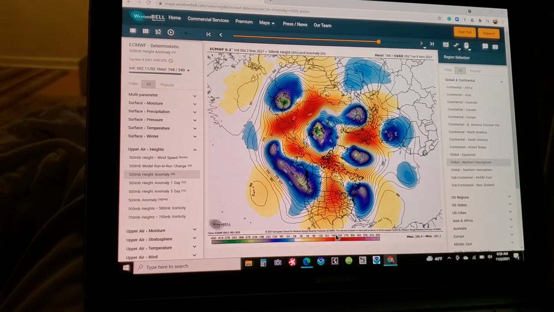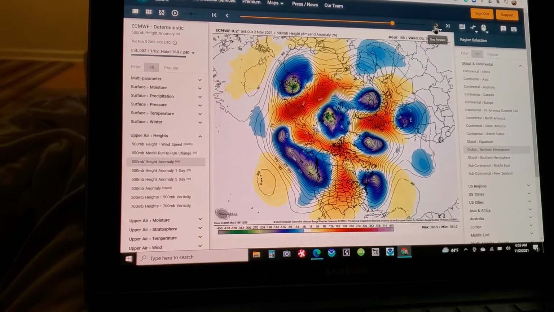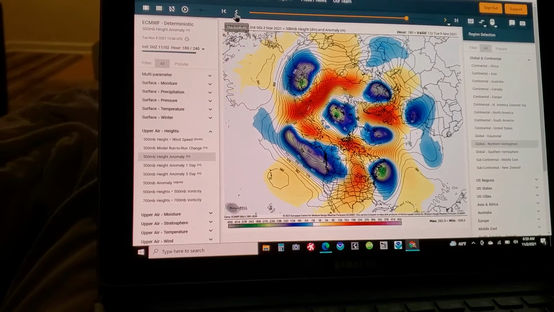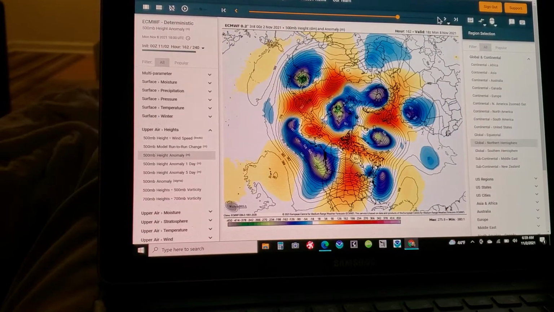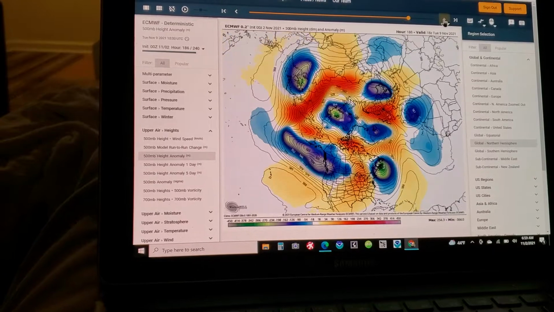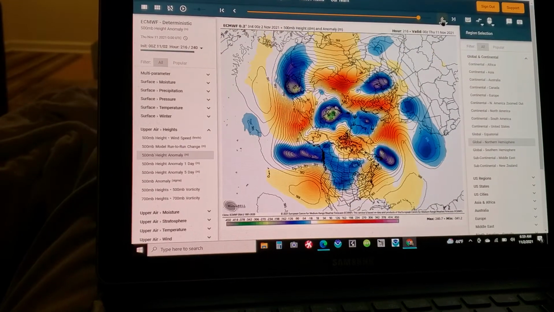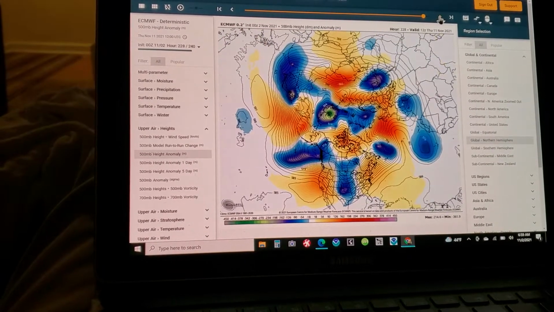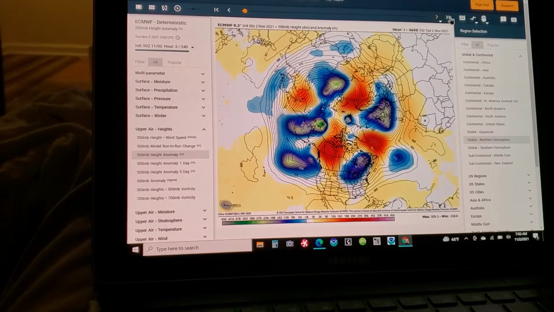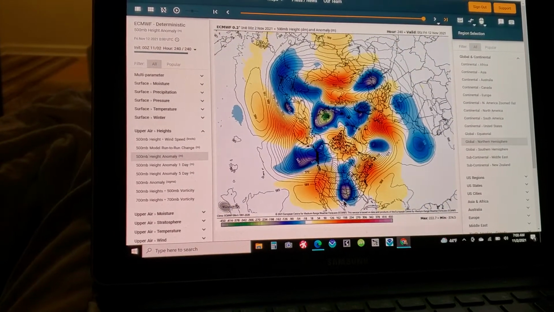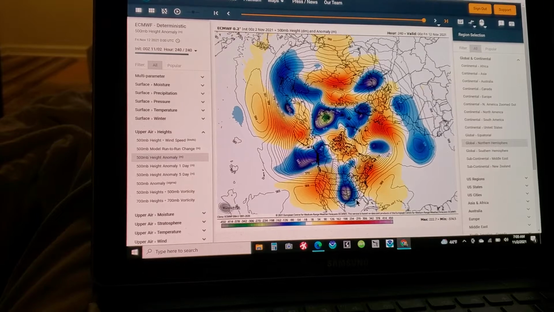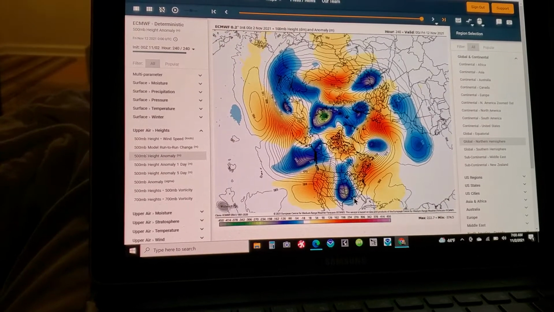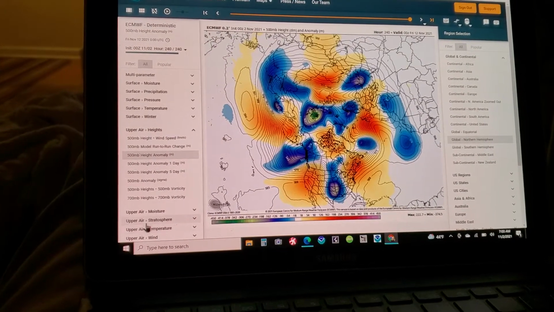It almost looks like a tropical system coming up. And then here's the ridge over the central part of the country. And then here comes that piece coming down from Western Canada.